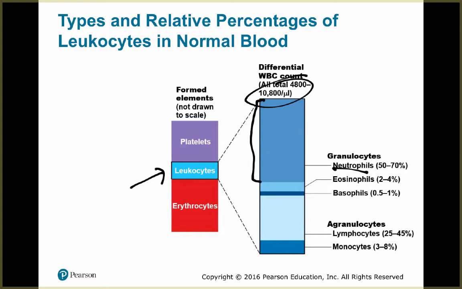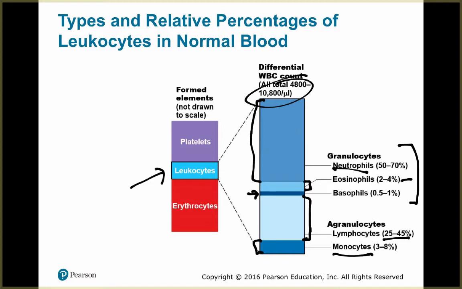Next is the eosinophils, between 2 and 4%. The basophils are right here, less than 1%. Those are all the granulocytes. Then in the agranulocytes, the next most numerous is the lymphocytes, between 25 and 45%. And this bottom area is the monocytes, between 3 and 5%.